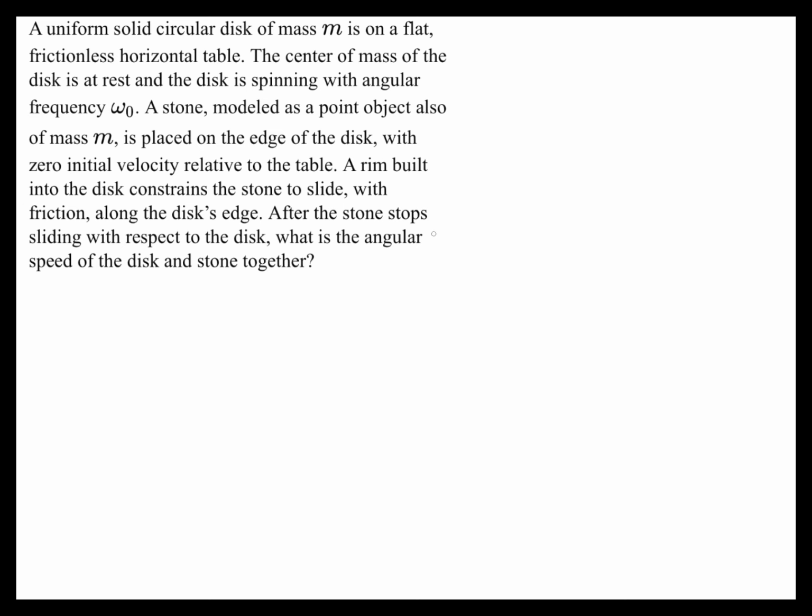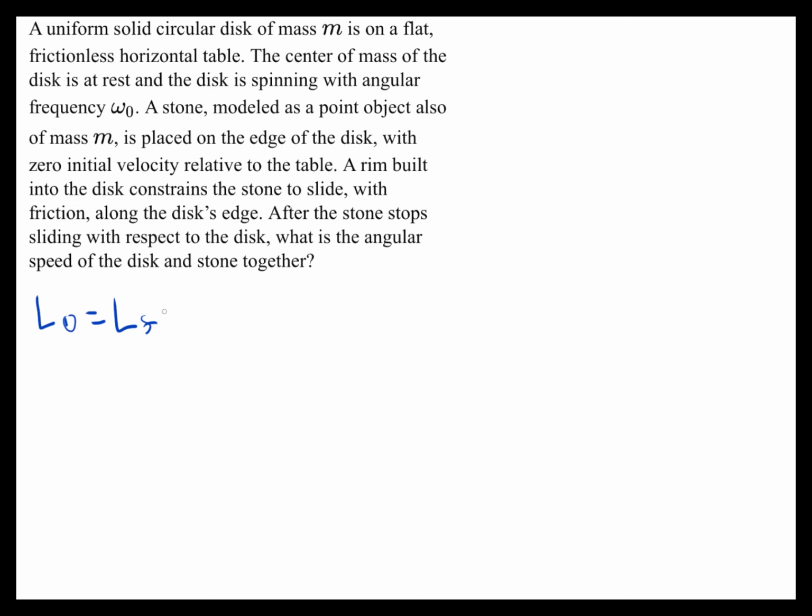After the stone stops sliding with respect to the disk, what is the angular speed of the disk and stone together? We can use angular momentum conservation to solve this. The angular momentum before must be equal to the angular momentum after the interaction.